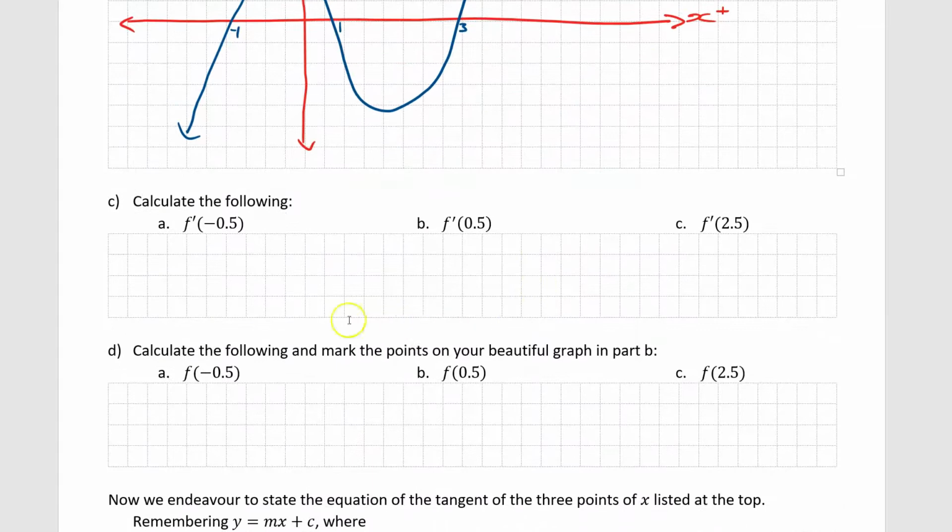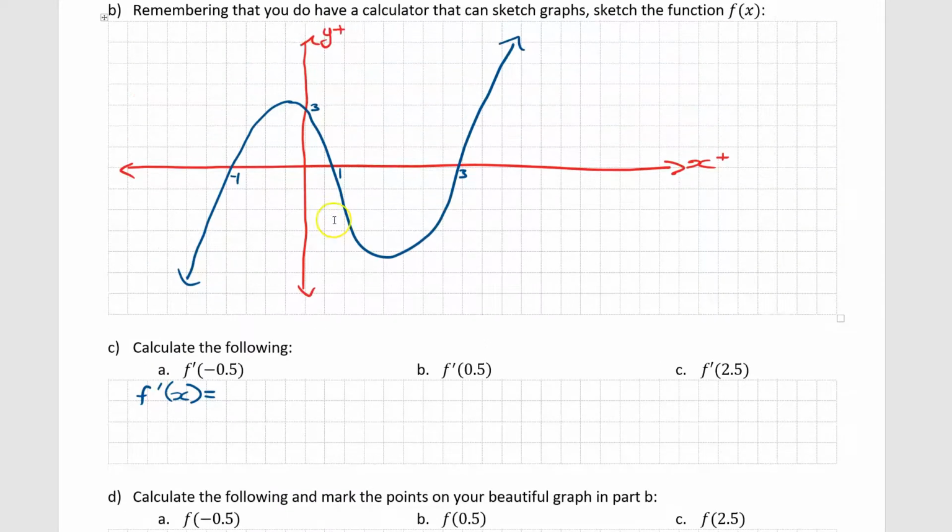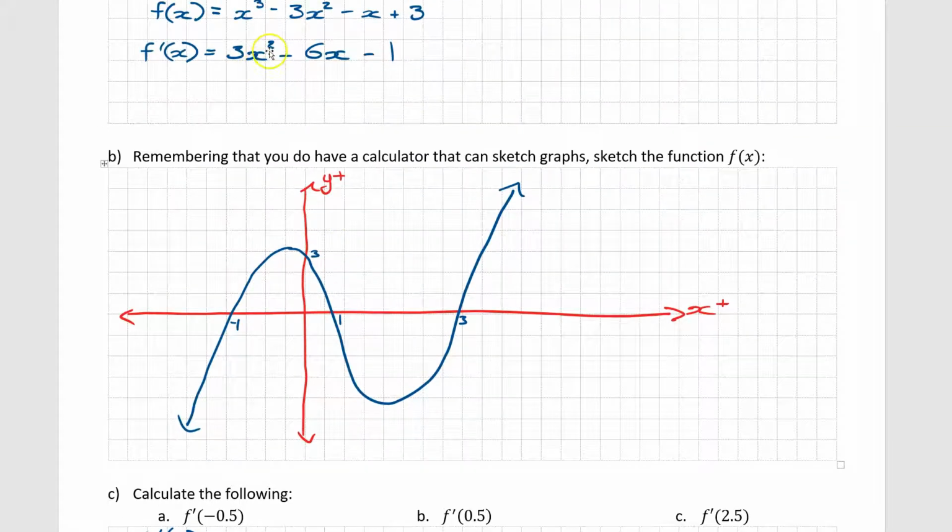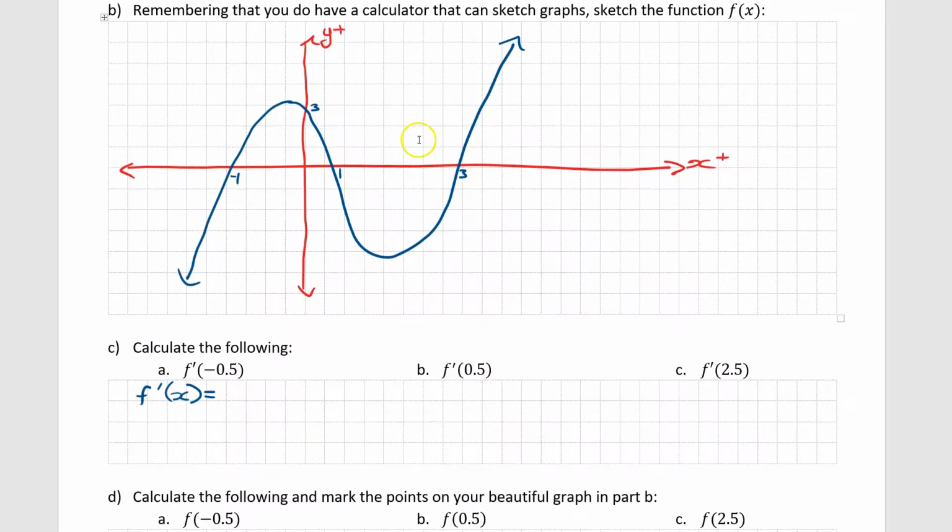Now, next part is it's asking us to calculate f dash of negative 0.5, 0.5, and 2.5. Of course, to do these, we need our derivative function, f dash of x, and we know f dash of x is equal to 3x squared minus 6x minus 1.